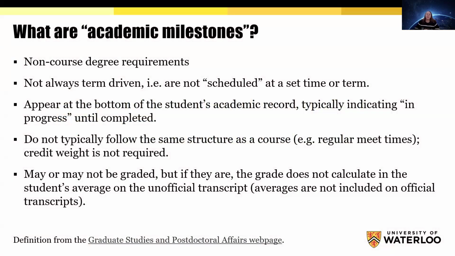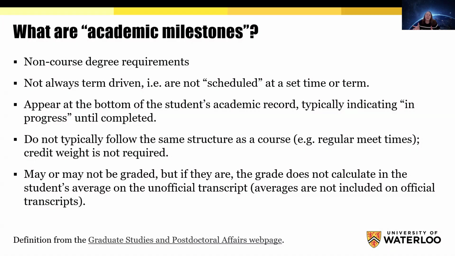So, when we hear the term academic milestones, what exactly is it? What does it mean? It means non-course degree requirements. It's often not something that's scheduled at a set time or term. Sometimes degree academic milestones will have timelines in terms of when you have to have that milestone complete by.